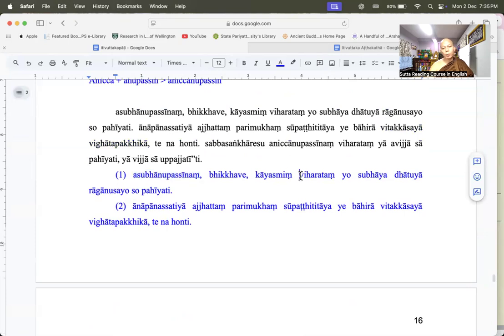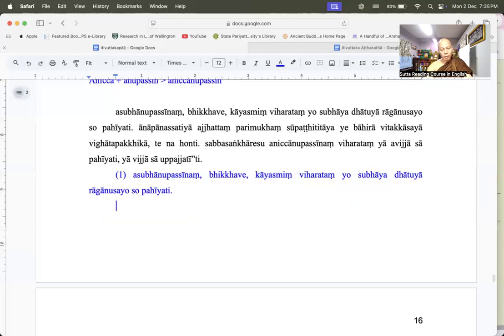Now Asubhanupassisu, so vihara and kaye the same. That one is changing, so viharata becomes here the present participle. Okay, now only that one can be understood. We replace ruha and the present participle, so that is the viharat form. That is dwelling.